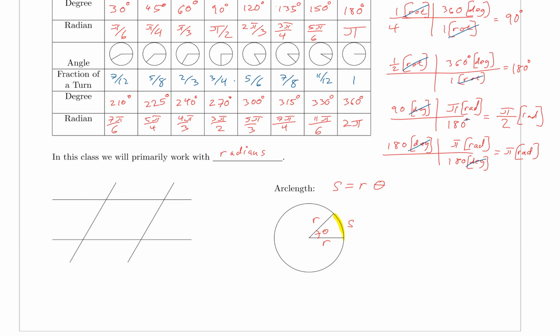Let's take this definition and look at the formal definition of radians. A radian is defined when the arc length is equal to the radius.